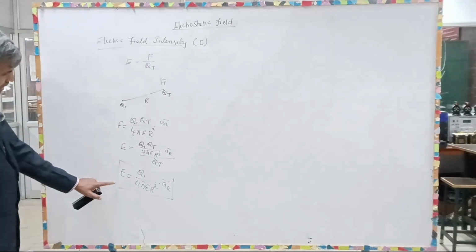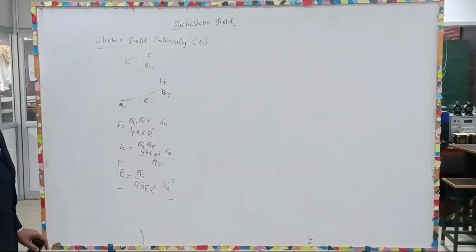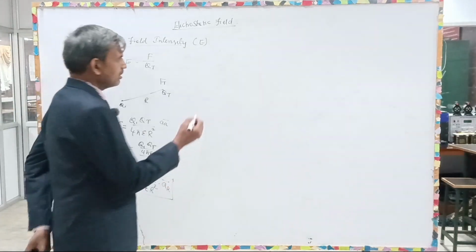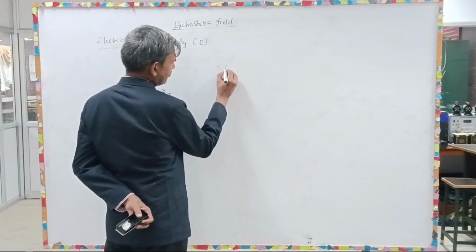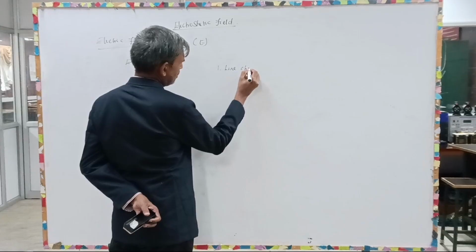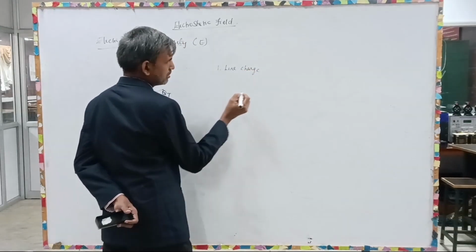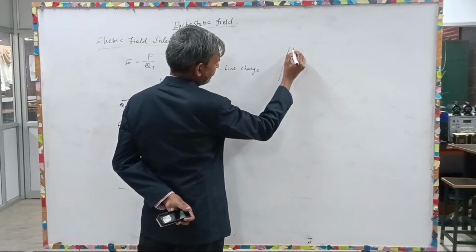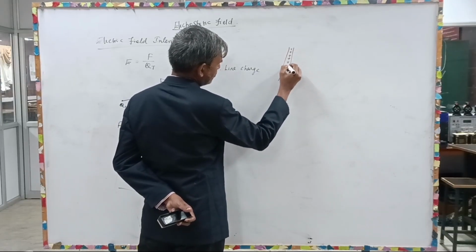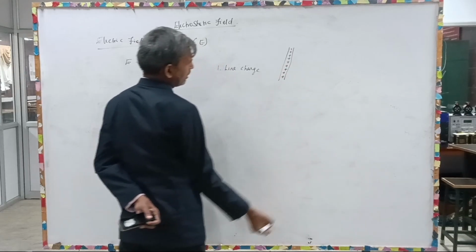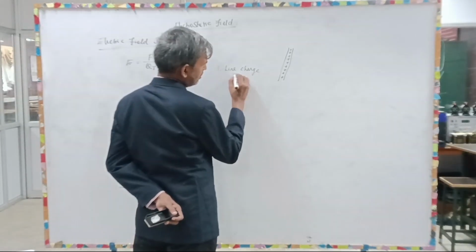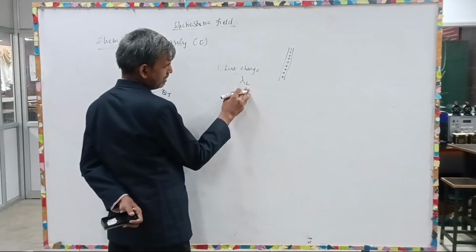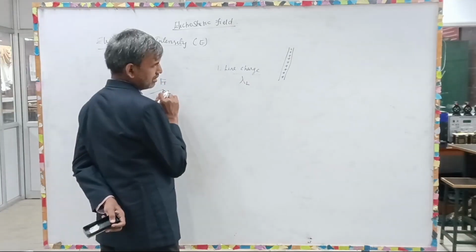Now we are considering only the point charge. Apart from the point charge, we have so many other charge distributions. First one is line charge: the charge distributed over a line or wire. Normally the line charge is denoted by lambda L. The L indicates the line, and lambda indicates the charge.